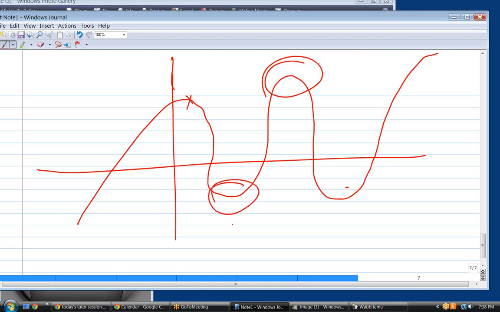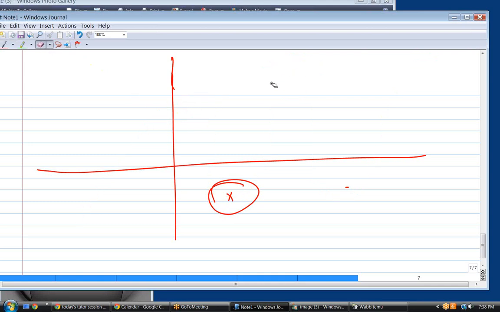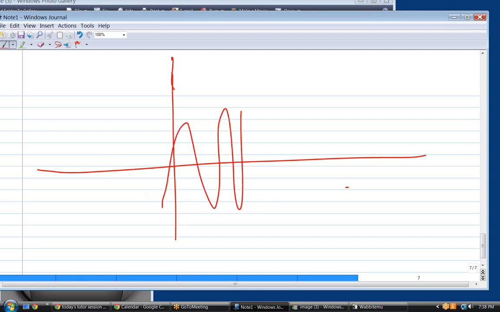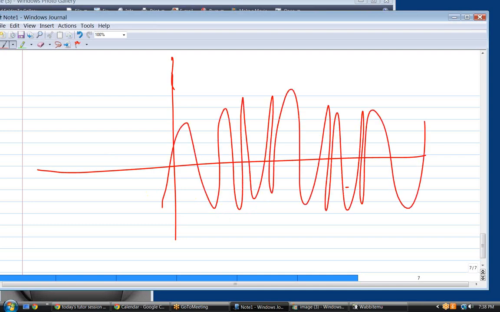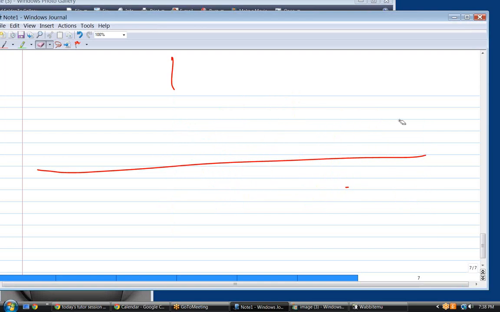A local minimum means there is a point where on either side there are points above. Okay. So if I had a curve that looked like this, I got a ton of local mins and maxes. Every single one of these peaks, that's a local max, that's a local min. Local max and local min.